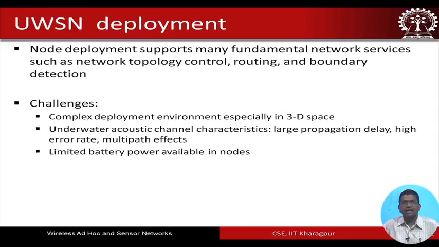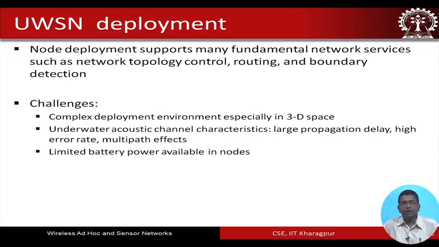The second challenge is that the acoustic channel itself is subjected to different things. There is, number one, large propagation delay, there is high error rate, and there are multipath effects. These are the ones that we have already seen in the first part of this topic, UWSN.